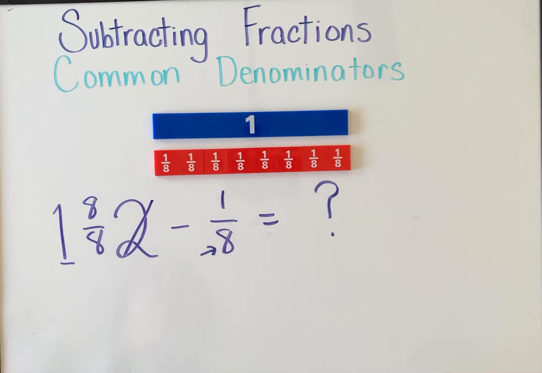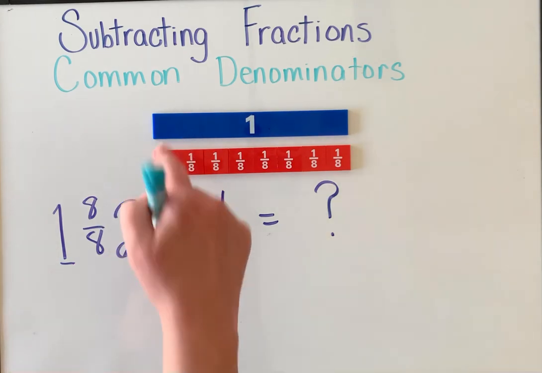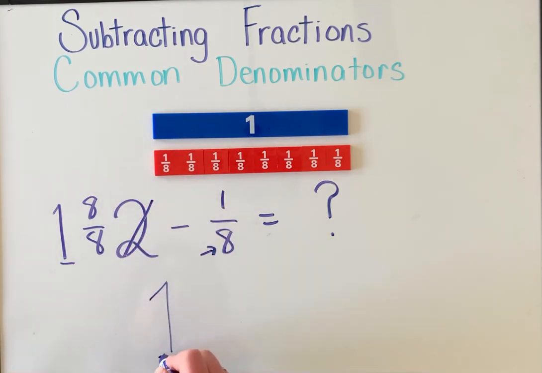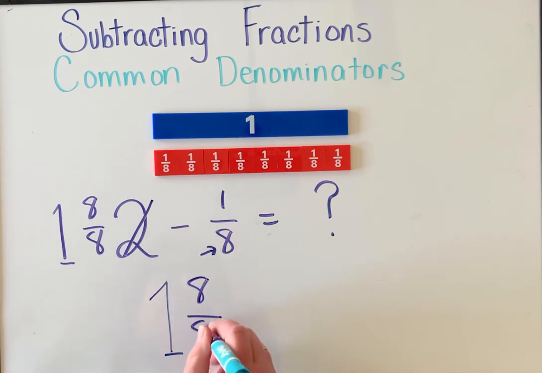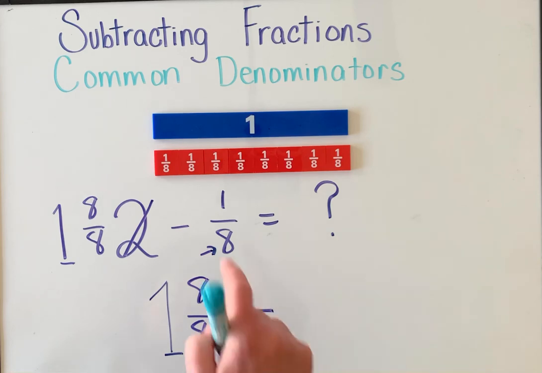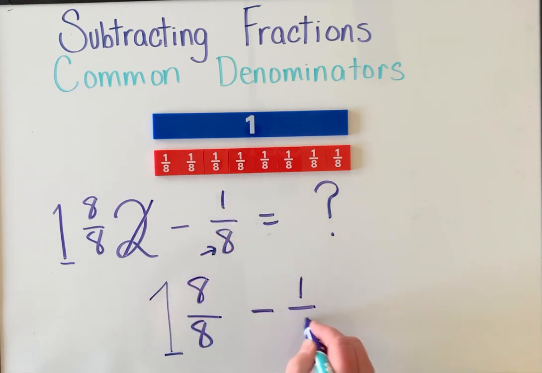Now that I have that in fractions, now I'm ready to take away. So let me rewrite it so it looks a little bit more clean down here. So we have 1 whole now and 8/8. We converted one of those wholes into fractions. Now I'm able to take away 1/8. So let's do that now.